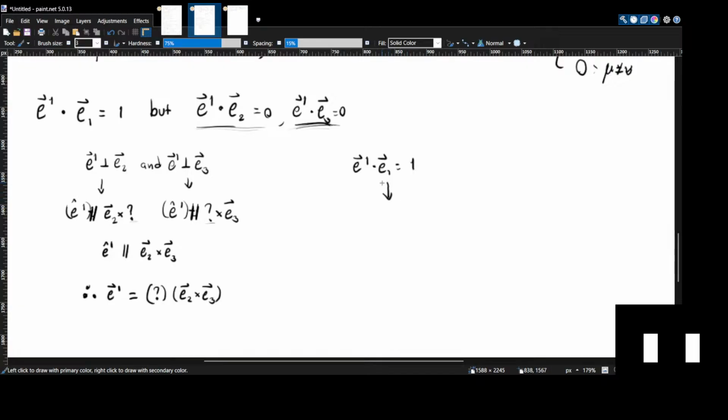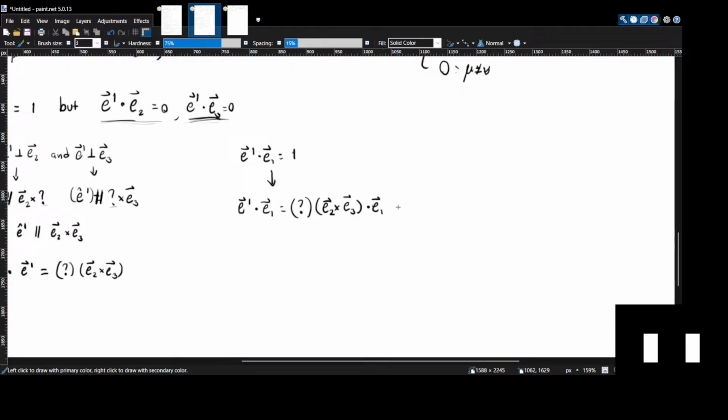So here we can rewrite it such that E1 dotted with E1 is equal to something times E2 cross E3 dotted with E1, and it must be equal to 1.